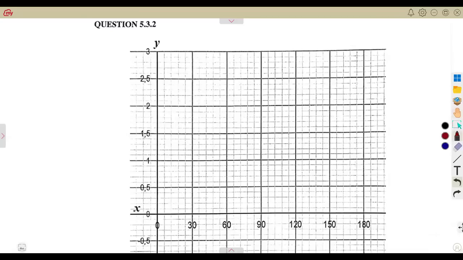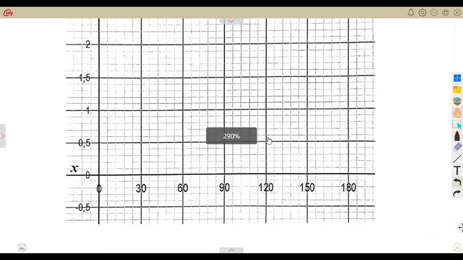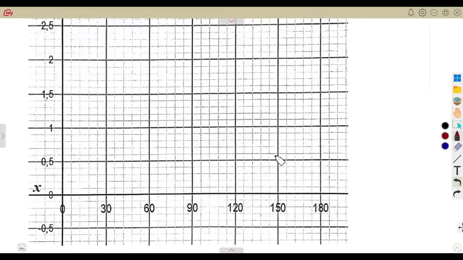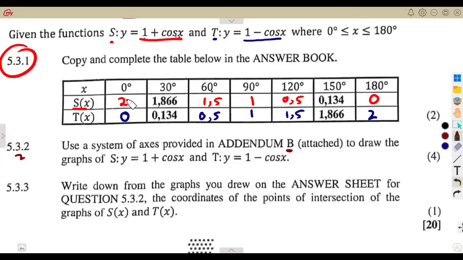You need to indicate the points that you are given. We are going to start with the one for S of x, that is the first one that we are given. So we are going along these values. These are the values that we are going to mark corresponding to the angles.